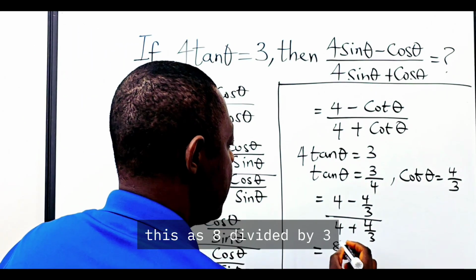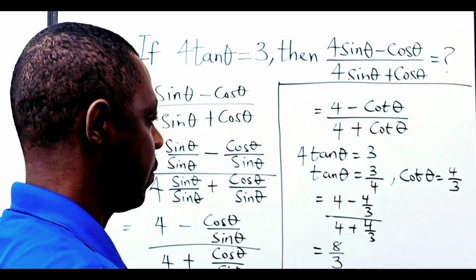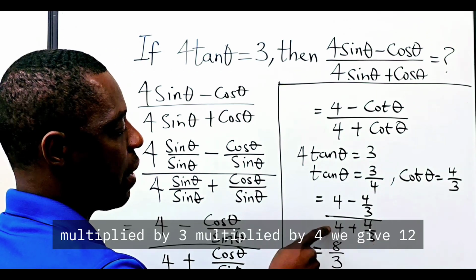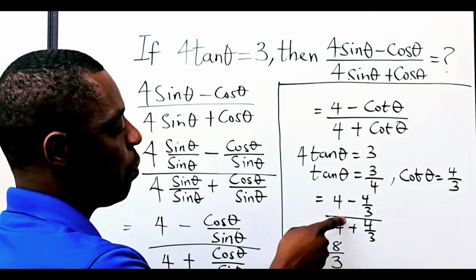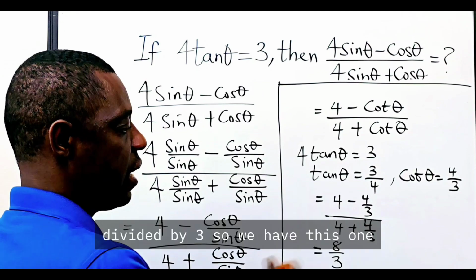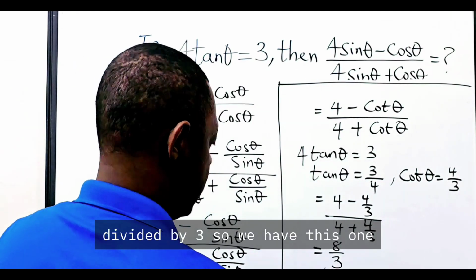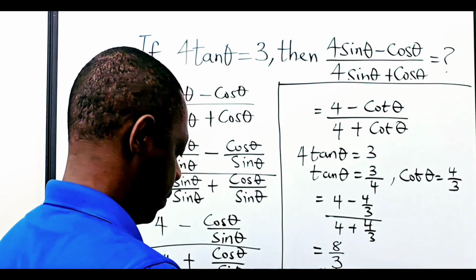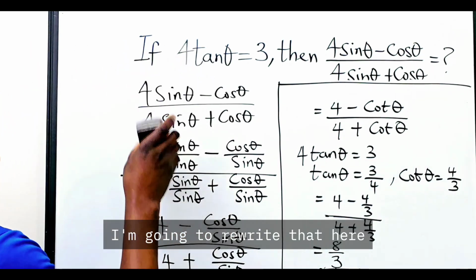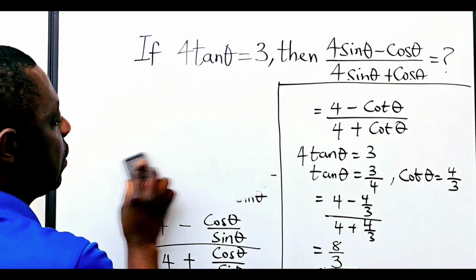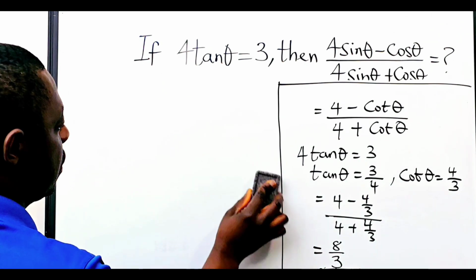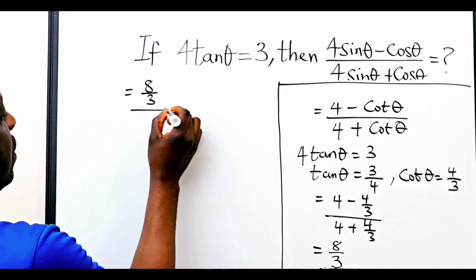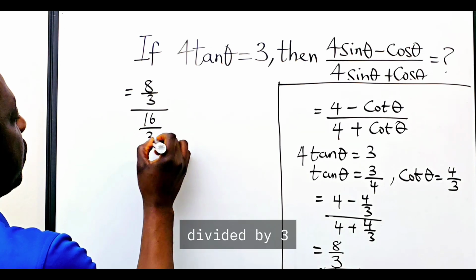So we have this as 8 divided by 3. And this one also, 3 multiplied by 4 will give 12, plus 4, which is 16, divided by 3. So we have this one as 16 divided by 3. I'm going to rewrite that here. So we have 8 over 3 divided by 16 over 3.